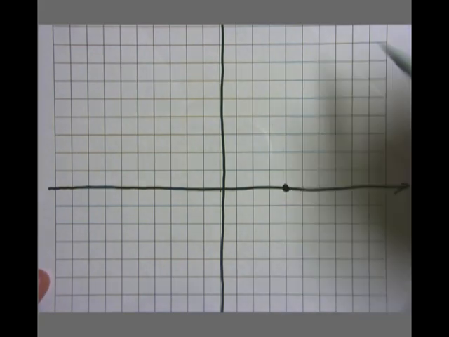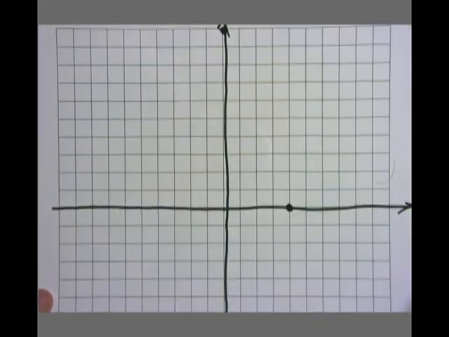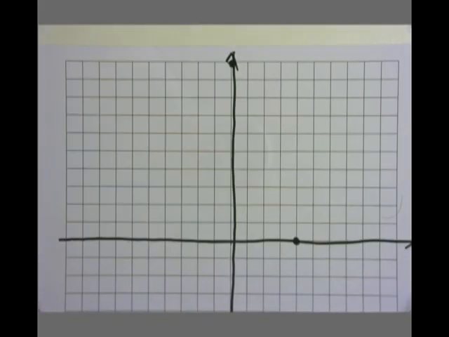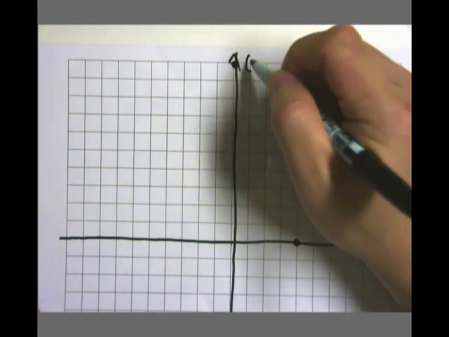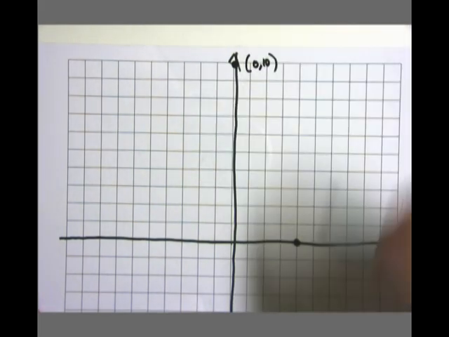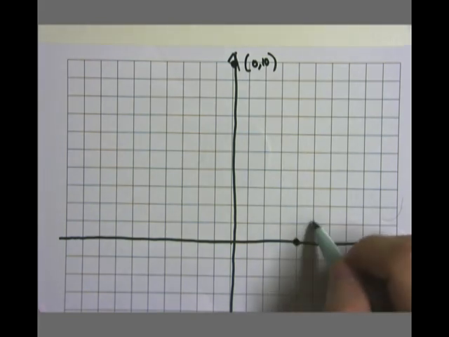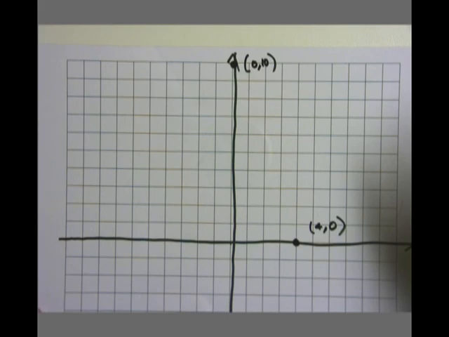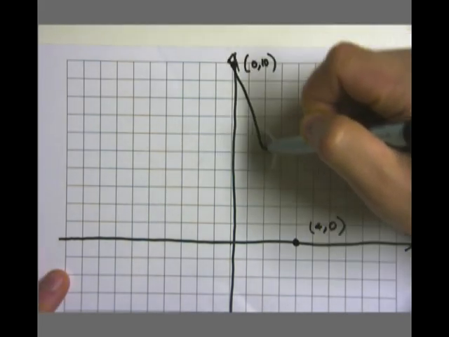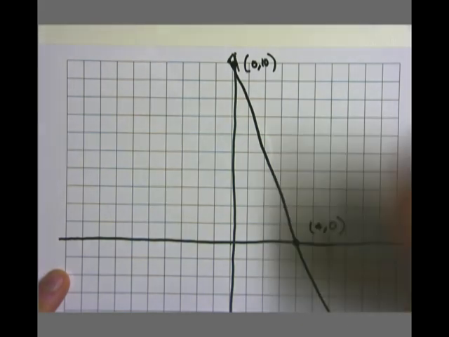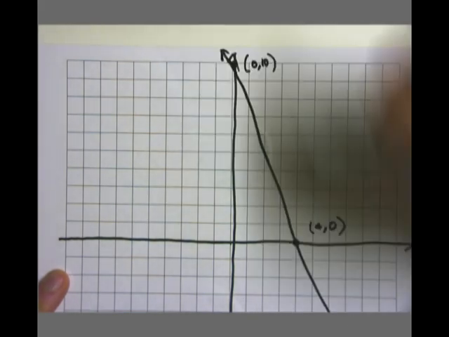So now you have 2 points. This point here is the point 0, 10, and this point here is the point 4, 0. So now we're going to go ahead and connect the points, and we get this kind of line that's passing through the graph.